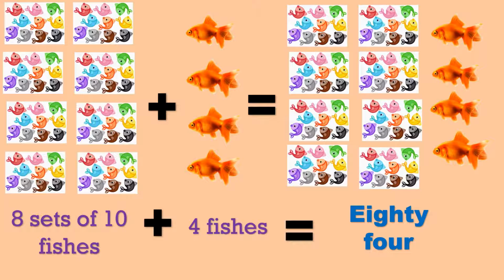Add 4 more fishes. 1, 2, 3, 4. So 84 fishes in all. 8 sets of 10 fishes, add 4 fishes, equal to 84 fishes in all.